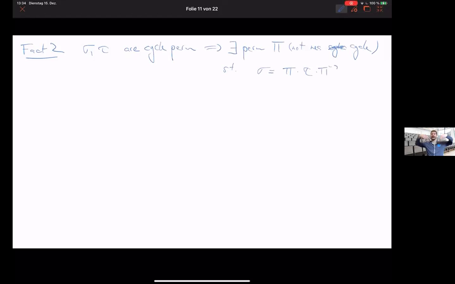I can obtain sigma by just conjugating tau with this permutation pi.